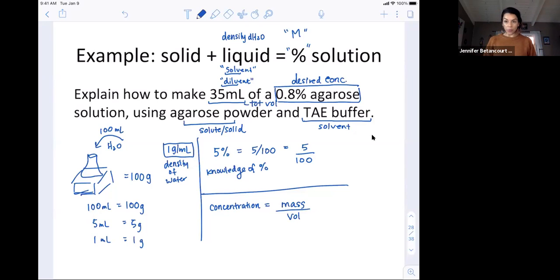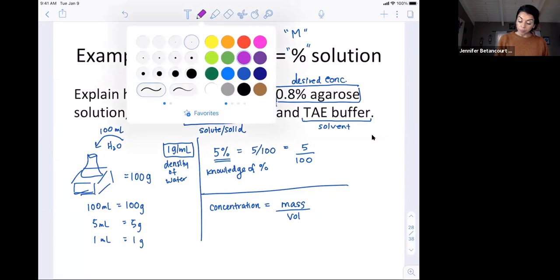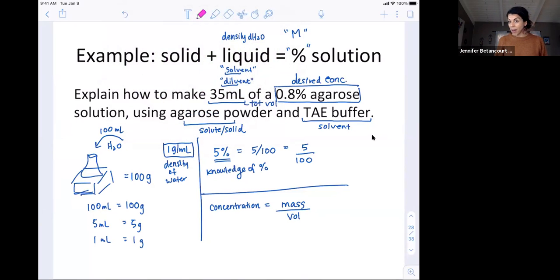So if you take all three of these pieces of information and use them to create percent concentrations, essentially, if you needed to make a 5% solution of something, you know that it's going to be 5/100. But if you're dealing with actual concentrations, you also know that mass has to go over volume.